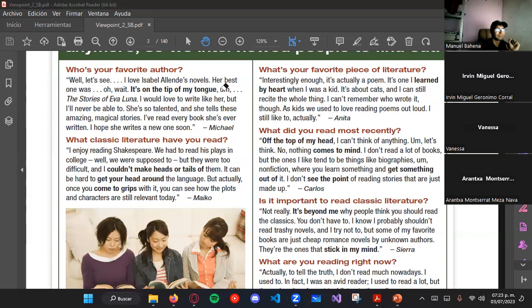Y no le pude encontrar ni pies ni cabeza. Yes, and I couldn't make heads or tails of it. Y no le encontraba ni pies ni cabeza. It can be hard to get your head around the language.